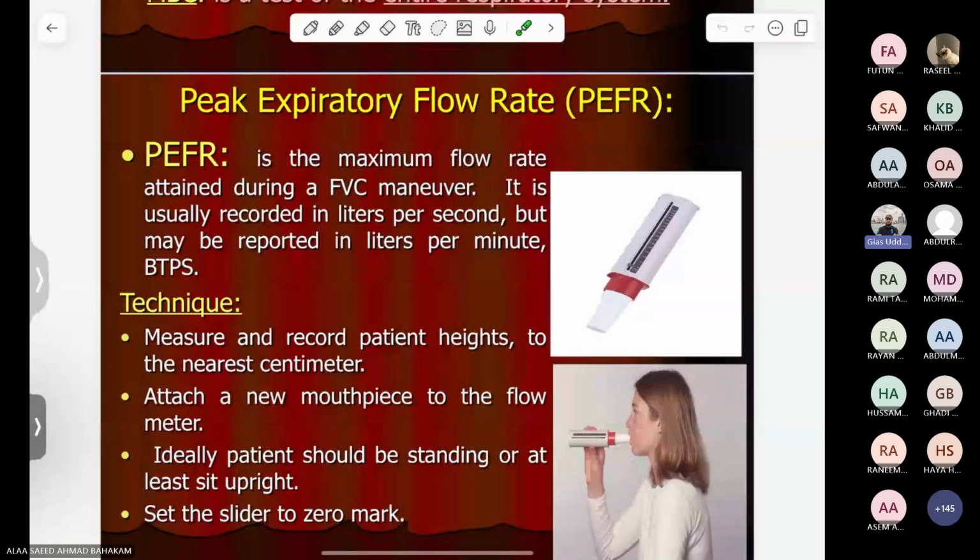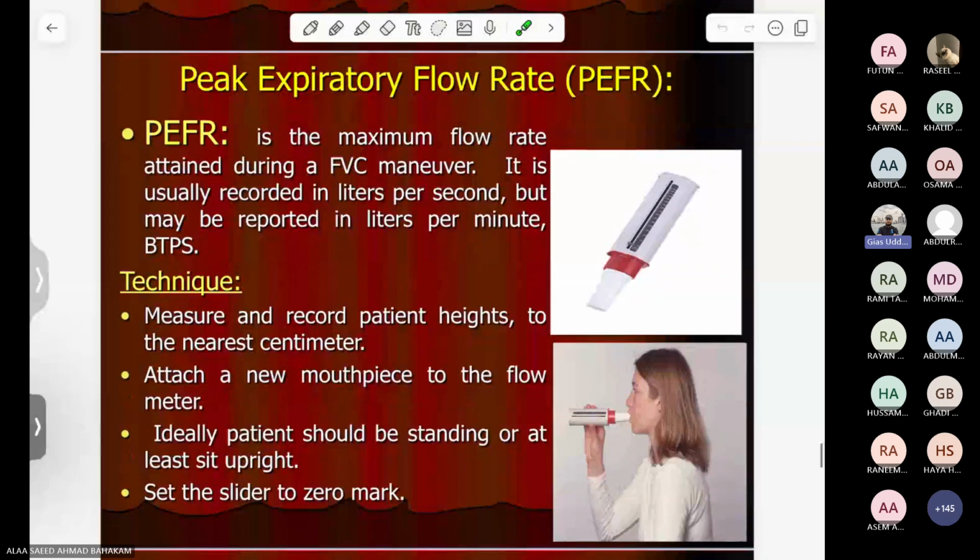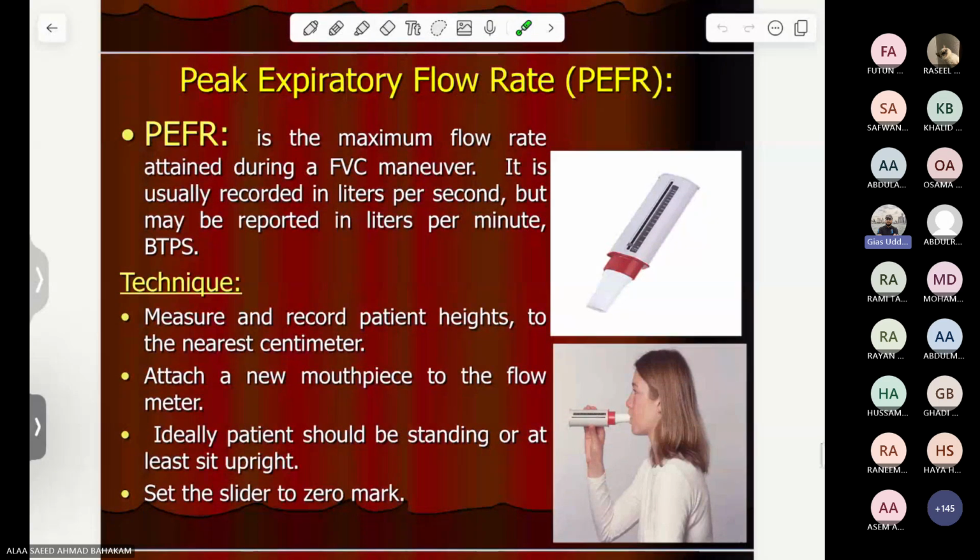Okay, so this is PEFR, peak expiratory flow rate. You have heard this word during our second case, right? Peak expiratory flow. So what is this? The device, as you see in the right hand side picture on the top, this small device.